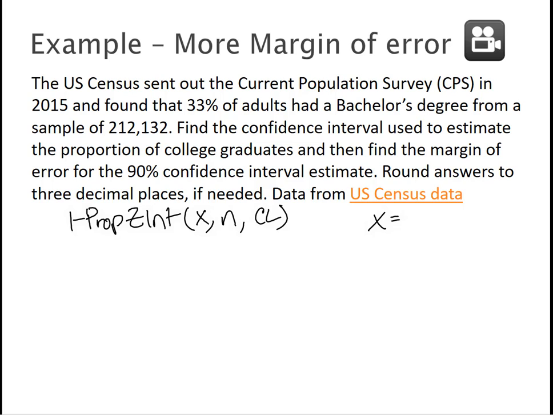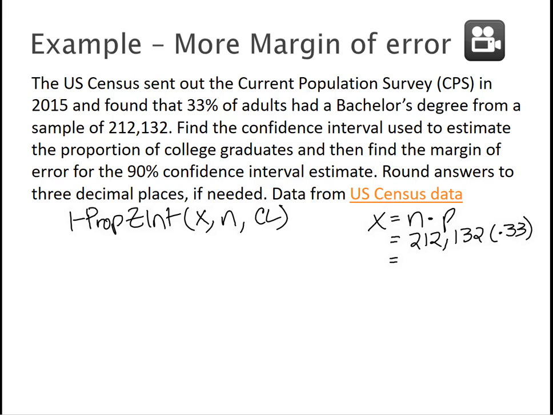I'm not given X. So I'm going to have to find X. In this case, I'm going to take N, which is my total, times P, which is my percentage converted to a decimal. So that's 212,132 times 0.33.